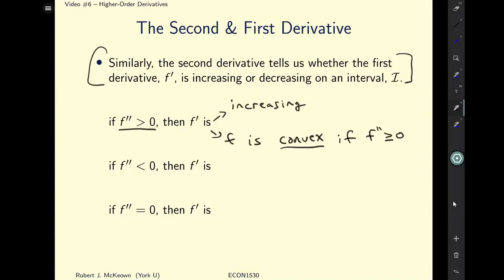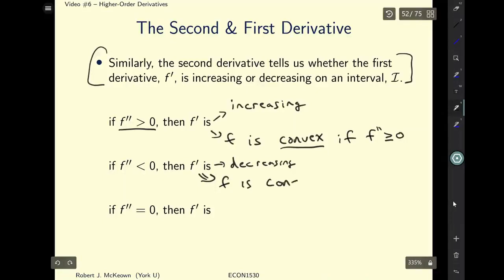Now, what if we have a second derivative that's less than 0? Then f prime is decreasing, and this implies f is what we call concave.